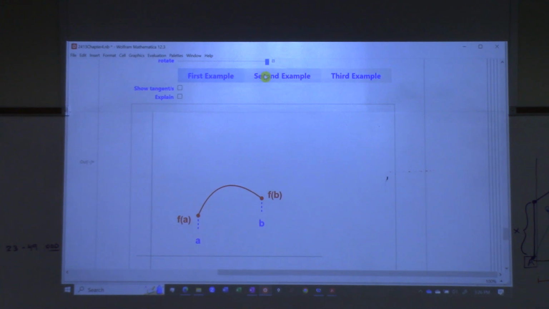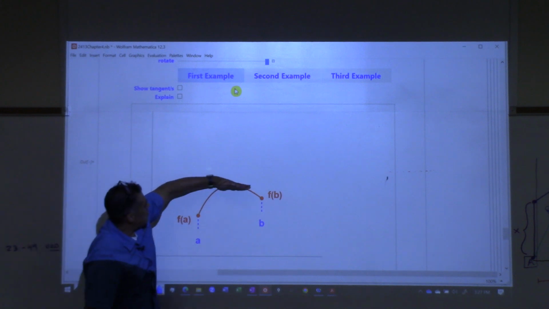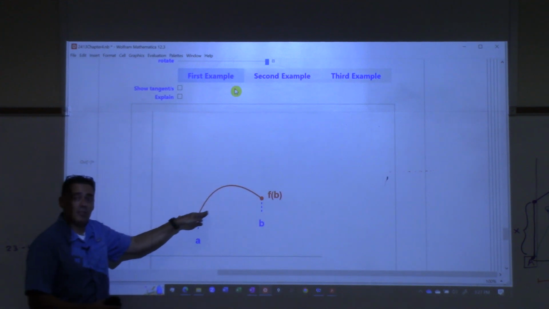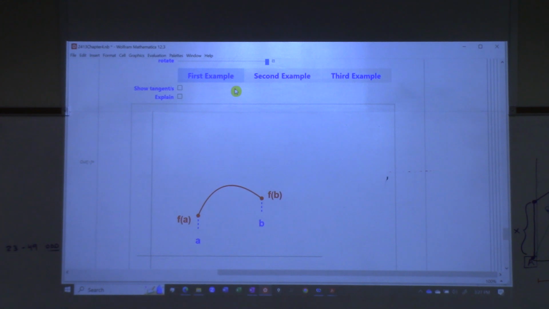Then could you say that somewhere in here the slope of the tangent line is 0? Probably, but more importantly, is there a slope of a tangent line that's parallel to the slope of the secant line? Yes. It's just Rolle's theorem but kind of twisted.